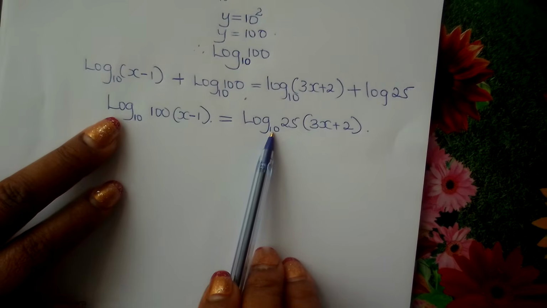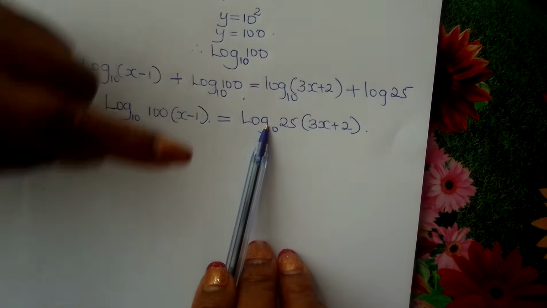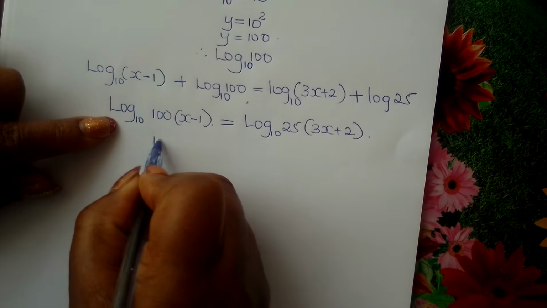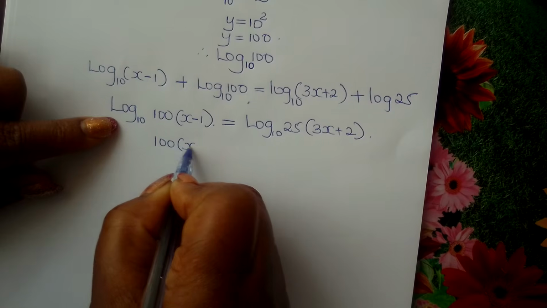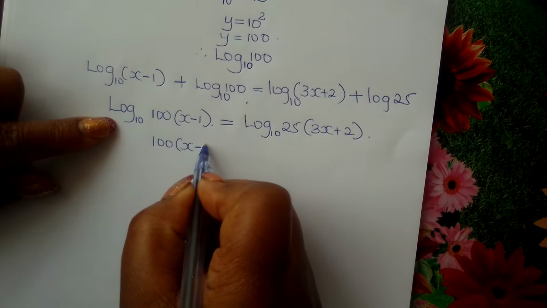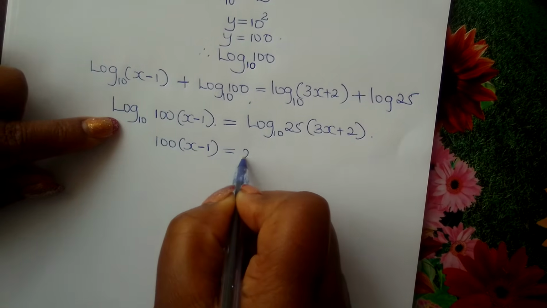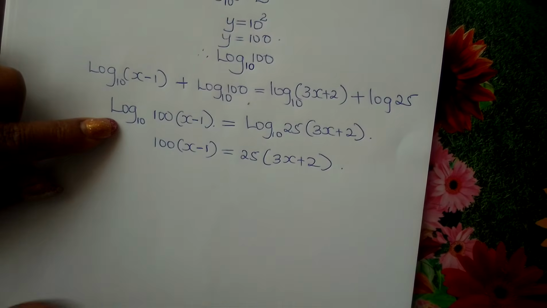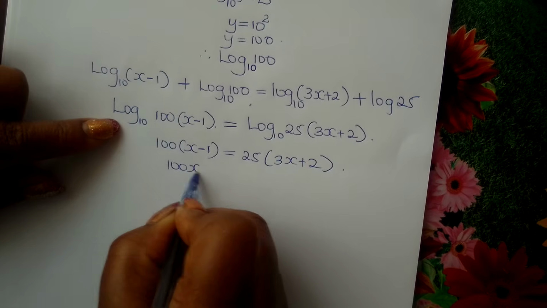From there, learner, you look at your equation. You have logs on both sides of the equal to sign. Drop them, just like we did in the other one. Drop these 2 logs, and therefore you end up with 100 in brackets x minus 1 is equals to 25 in brackets 3x plus 2. Remove the brackets, learner.